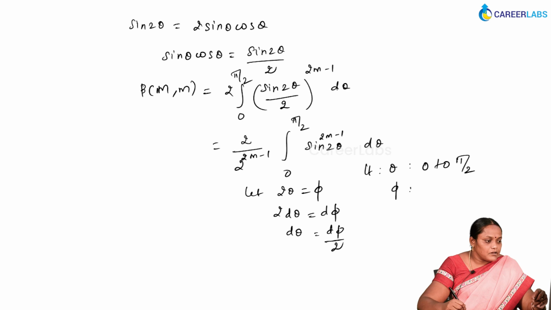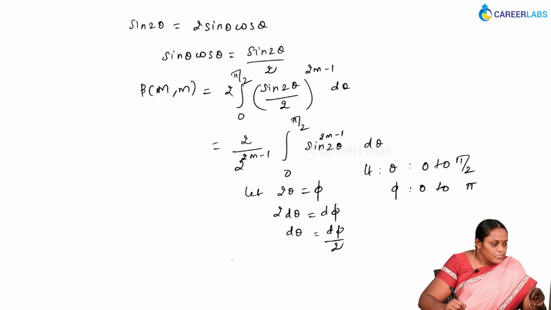What will happen when theta equal to 0? Phi will also become 0. In the same way, when theta equal to pi by 2, 2 and 2 will get cancelled and you will get the value as pi. Therefore, this is equivalent to 2 divided by 2 to the power 2m minus 1 integral 0 to pi.